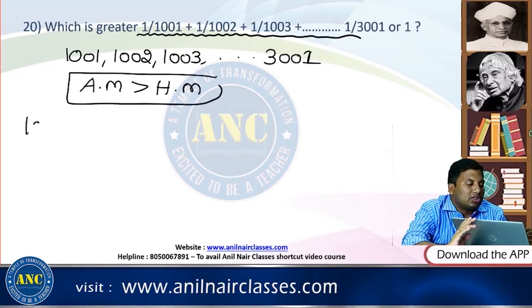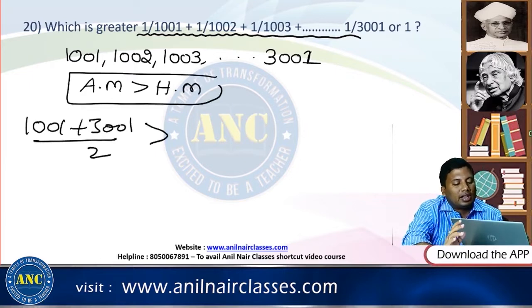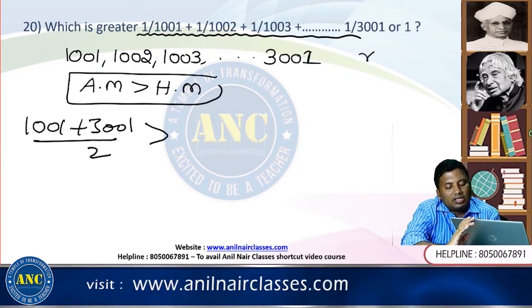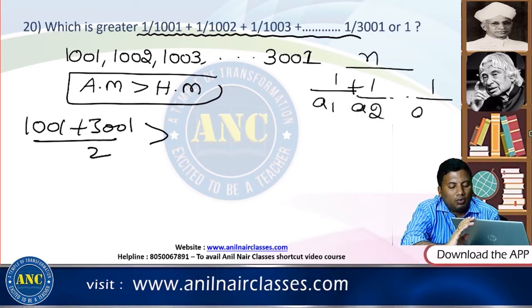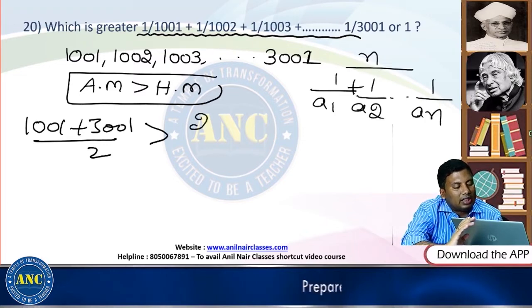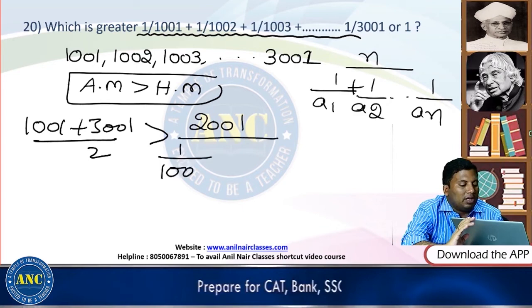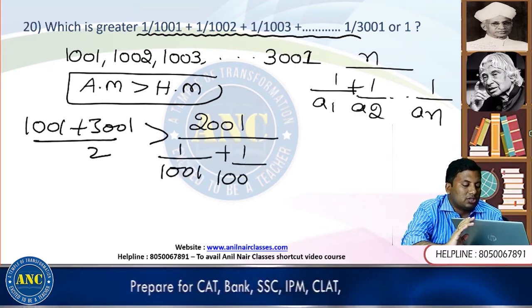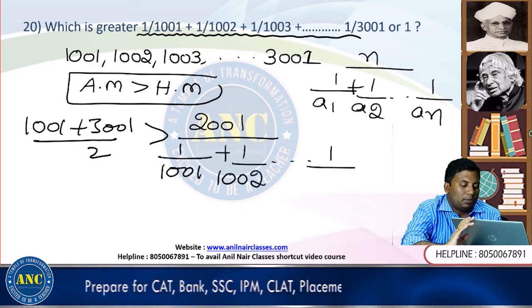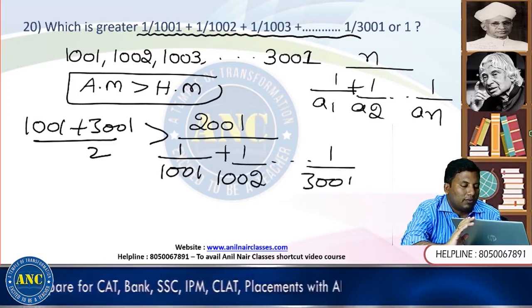Arithmetic mean is nothing but first term plus last term by 2, divided by 2, greater than harmonic mean, which is given by n by 1 by a1 plus 1 by a2 and so on up to 1 by an. It is greater than 2001 divided by 1 by 1001 plus 1 by 1002 and so on up to 1 by 3001.